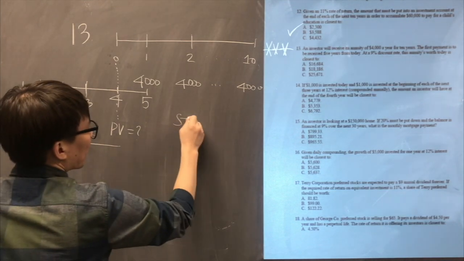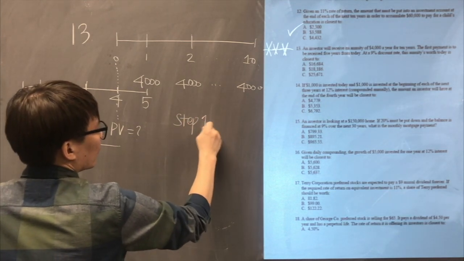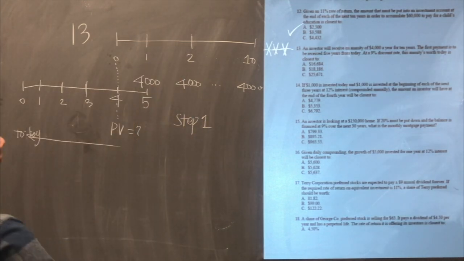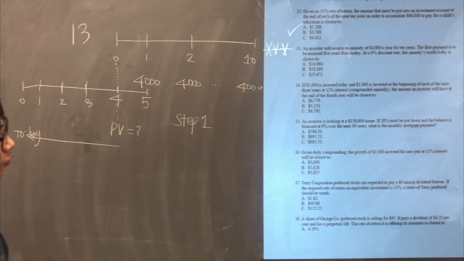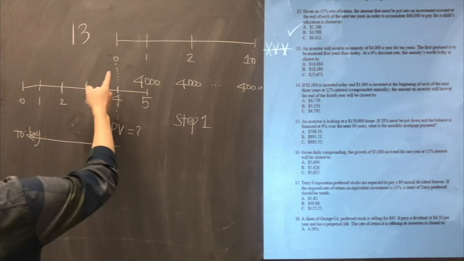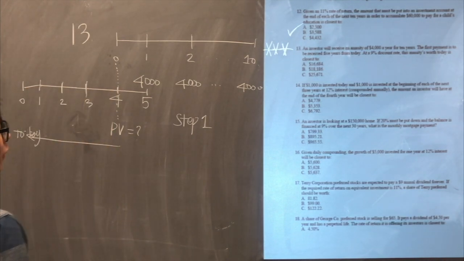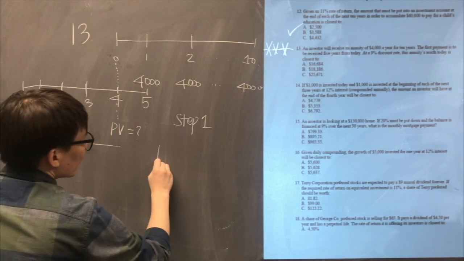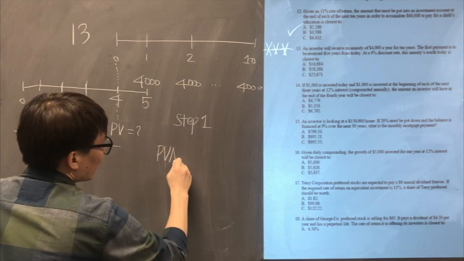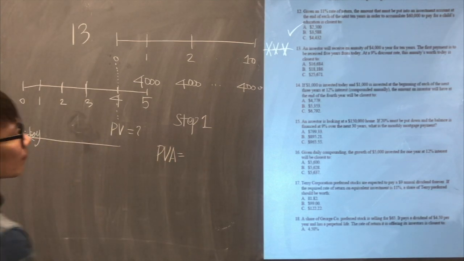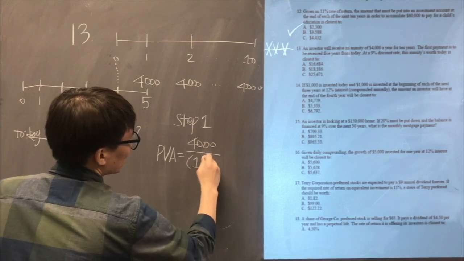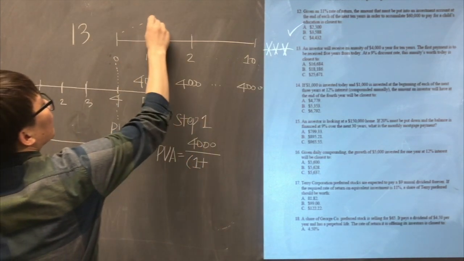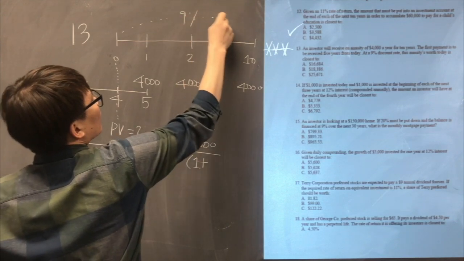Step 1, figure out this. How to do that? We already know each payment, PMT equals 4,000, and we just figure out the present value. PVA equals 4,000 divided by 1 plus 9%, plus 4,000 divided by (1 plus 9%) squared, and so on through 10.